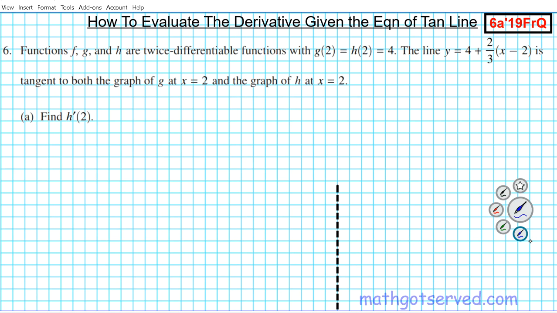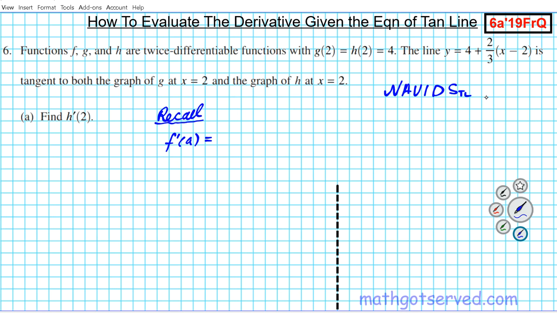Alright, so let's go ahead and refresh our memory as to what the derivative at a point means. So recall, if you're asked to find f prime of a, what are you being asked to find? What is another way to express this f prime of a?